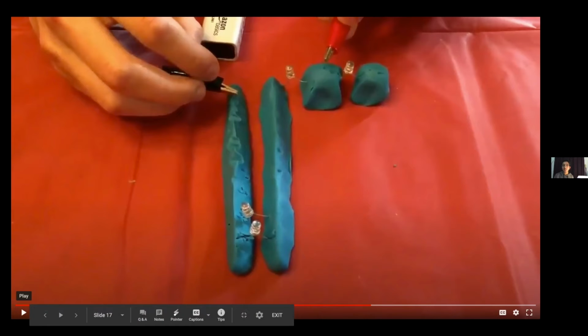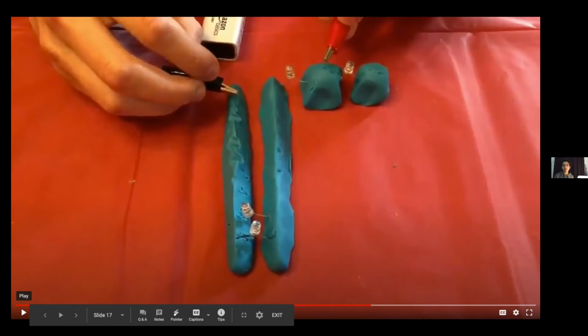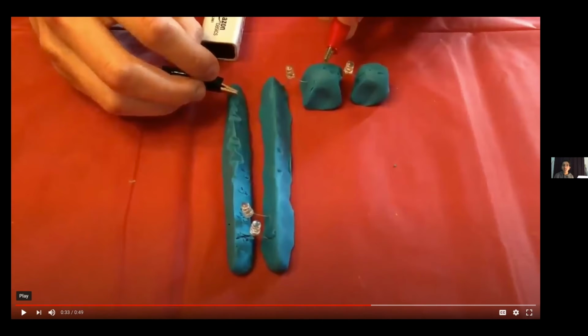Do you think it'll be dimmer compared to when we had all 4 connected, or do you think it's going to be brighter? Think back to the first time when we had only these 3, before Charlie added the 4th bulb. Okay, 3 work, brighter, yes.